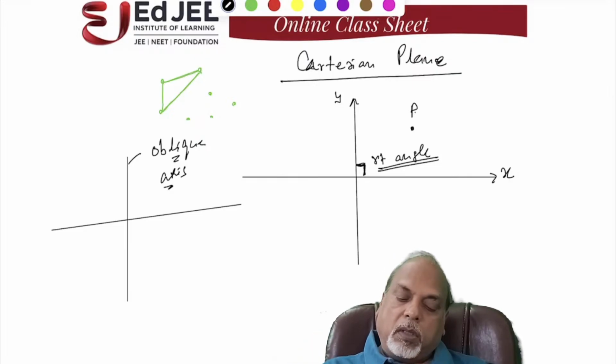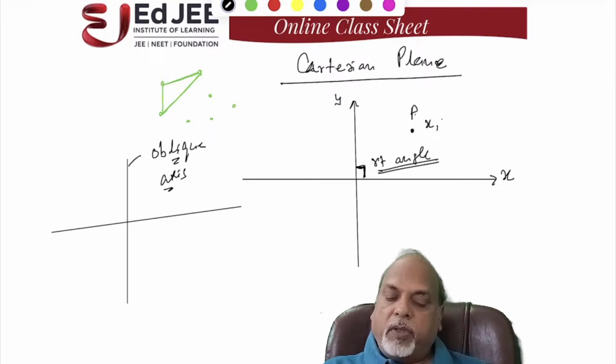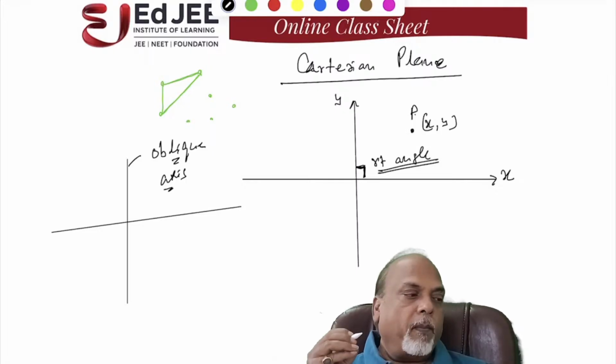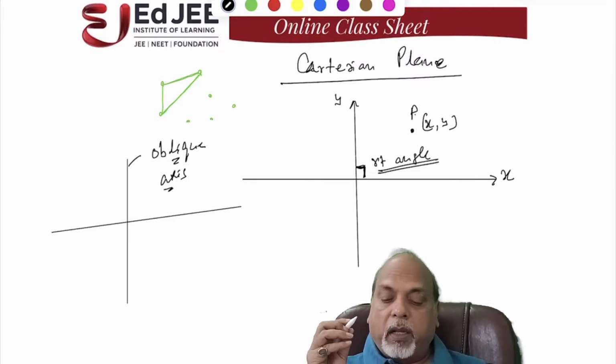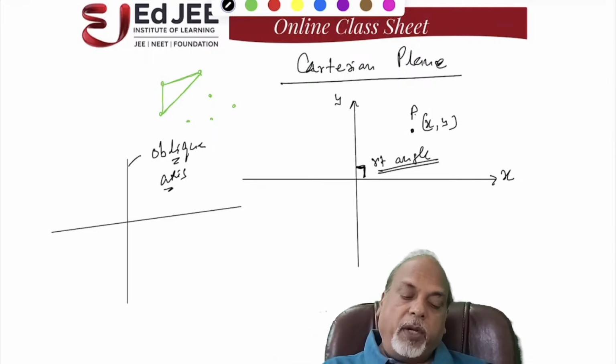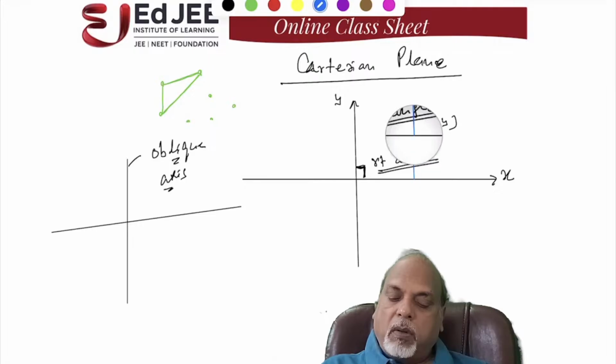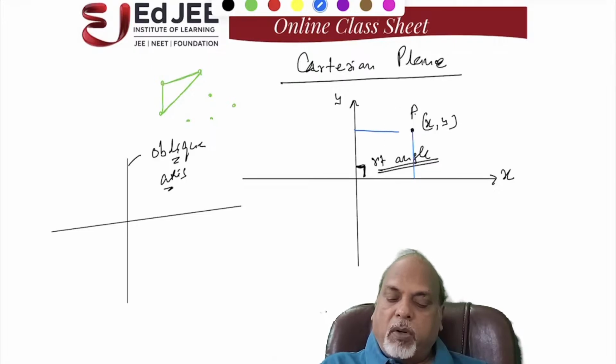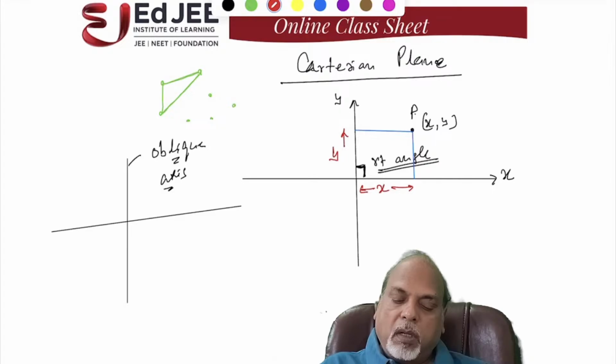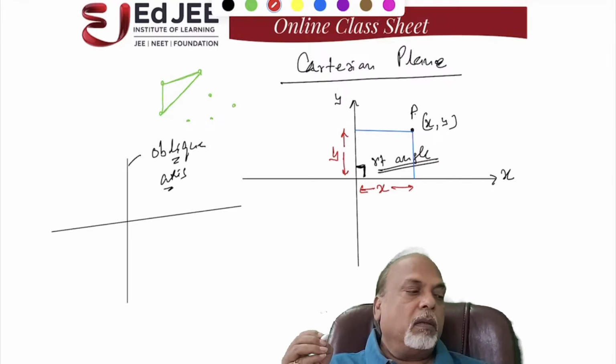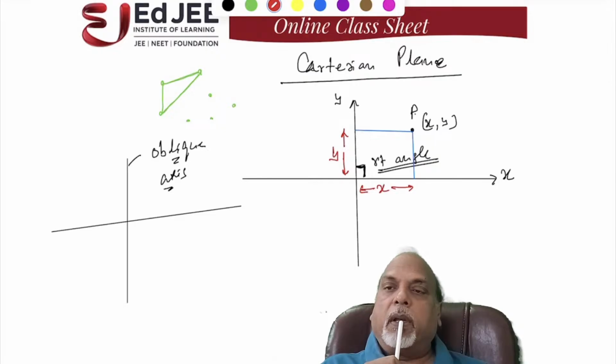Now, suppose we assign the coordinate of this point P as x, y. Then what it means? It means that if you draw a perpendicular like this, and another perpendicular like this, then this distance is your x, and this distance is your y. Correct?